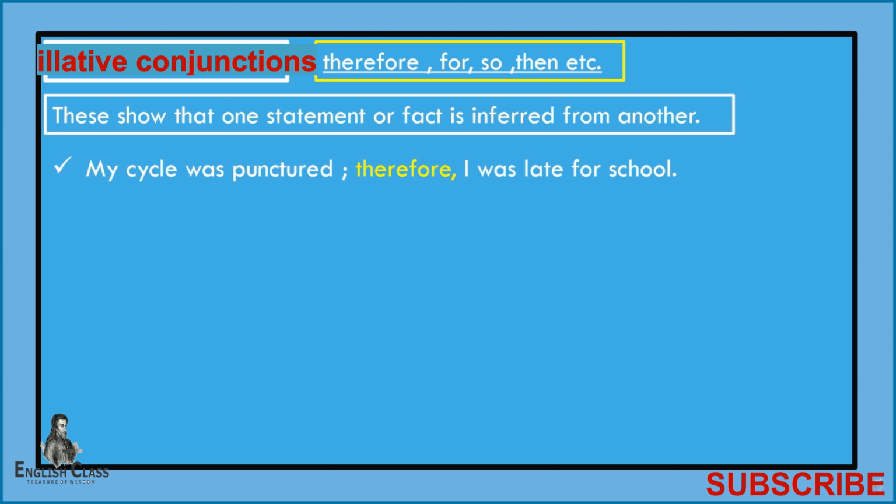Therefore is working as a conjunctive adverb. We can call it a conjunctive adverb. Therefore is working for two purposes: it is joining two clauses, and it is playing the role of an adverb as well.